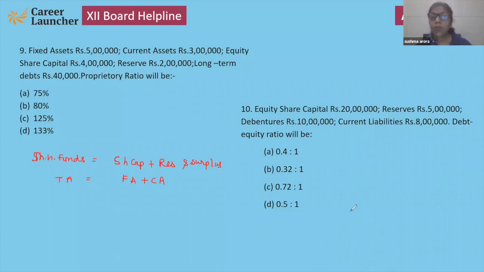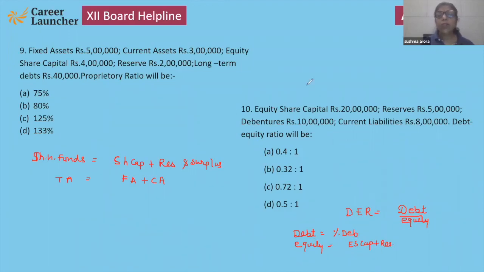Here also we can do debt equity ratio. The formula will be debt upon equity. Here debt means long-term loans and debentures. So debt is equal to long-term loans or percentage debentures, which is given 10 lakh, and in the same way equity is equal to equity share capital plus reserves and surplus.